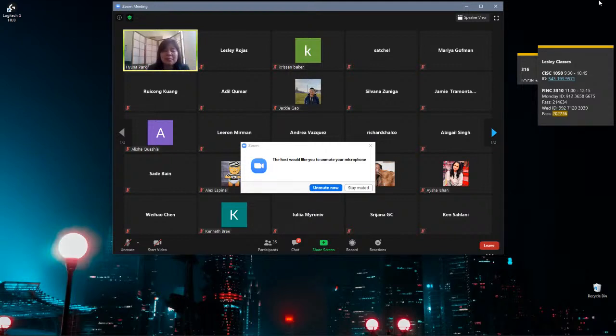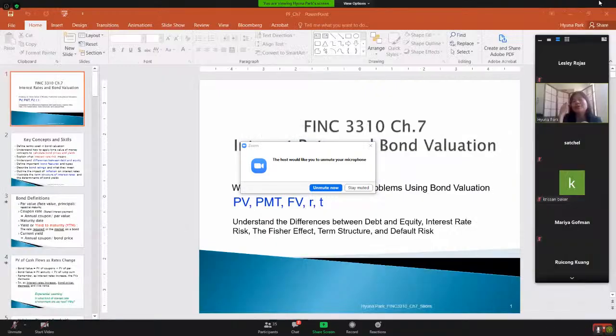So the next topic is chapter 7. We learn about bonds in this chapter. In the previous chapter, we spent a lot of time talking about loans. Do you remember what the 3 different types of loans are?